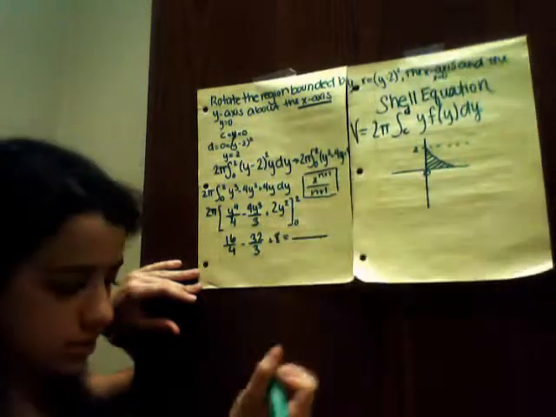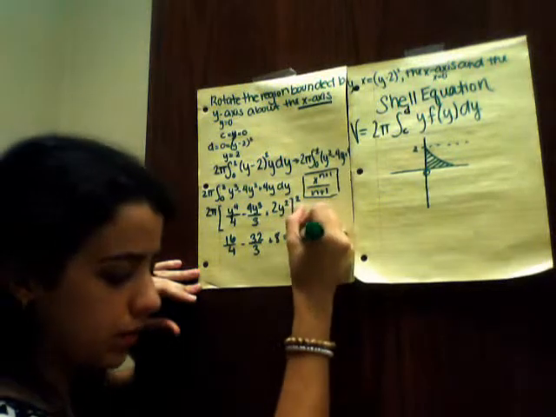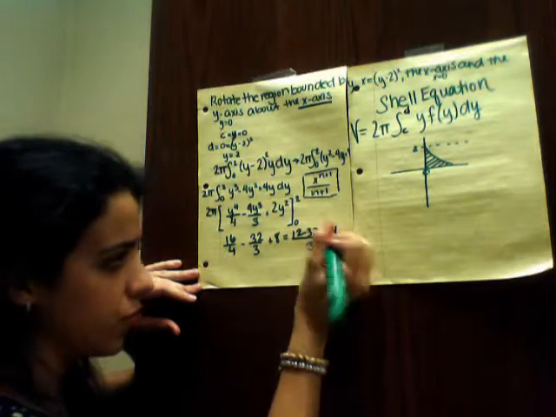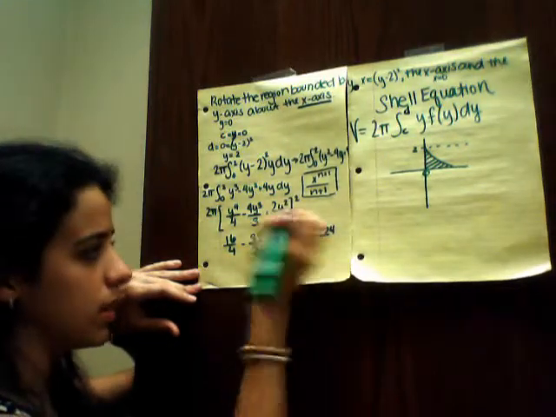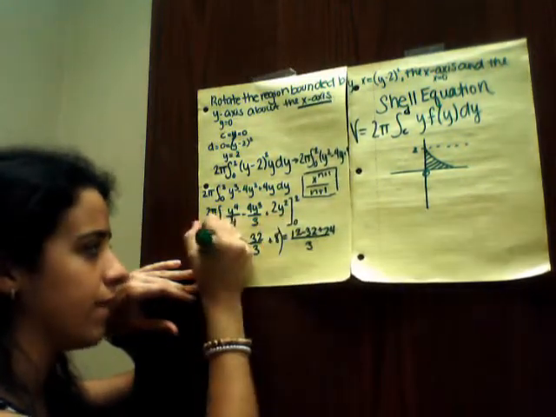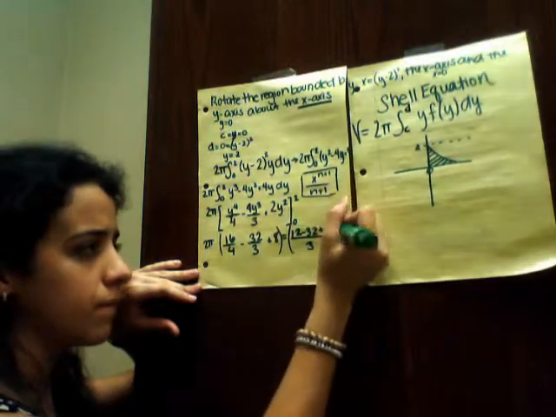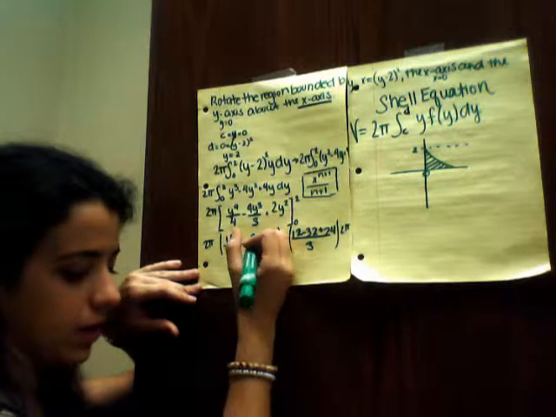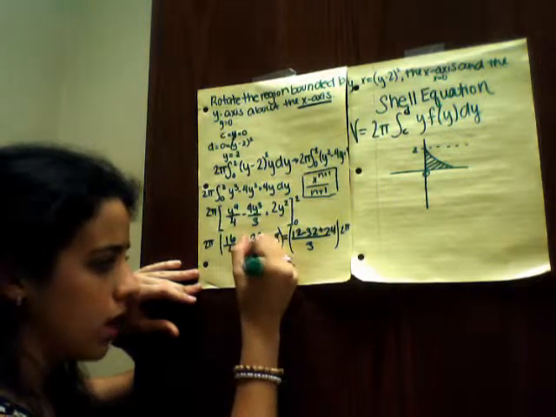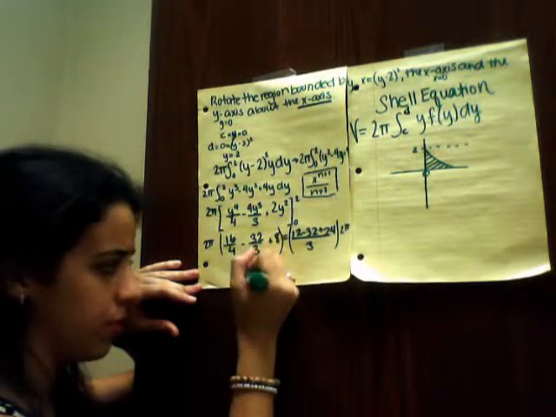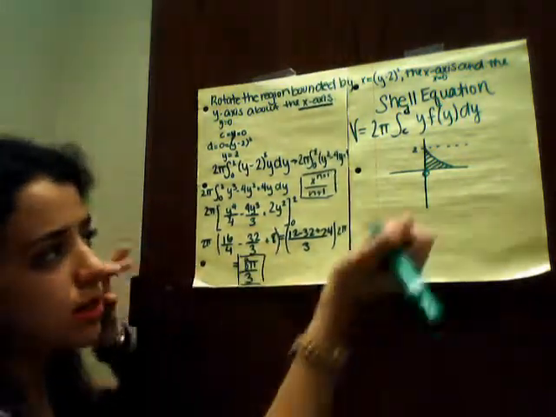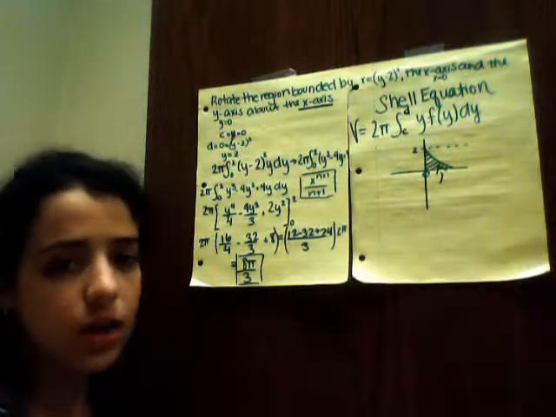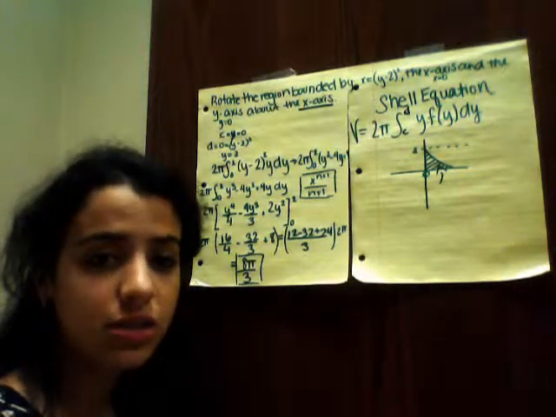That gives us 12 minus 32 plus 24 over 3, and all of this is times 2 pi, which finally gives us a value of 8 pi over 3. So this is the value of the volume for this set of equations.